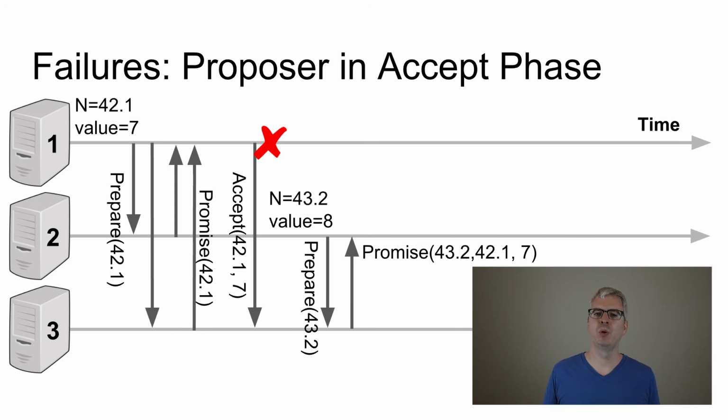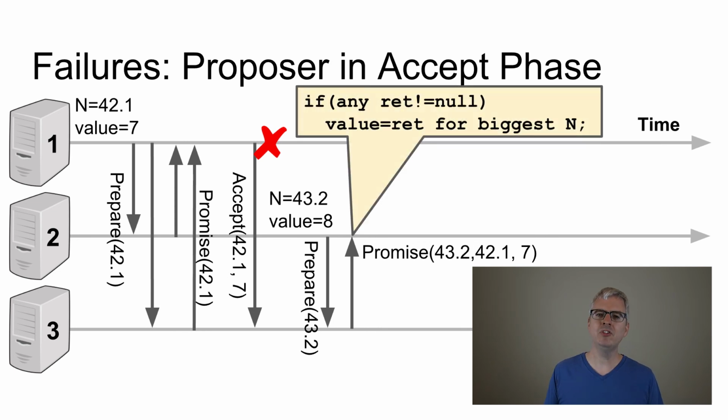So what does the proposer have to do when it receives this kind of response? A response which says, I've already accepted a value from someone else. Well, it needs to look at all of these accepted values and find the largest n, the most recent value that's been accepted by any of the acceptors that the proposer is talking to. And then it has to use that value and try and get that value pushed through so that everyone agrees on it.